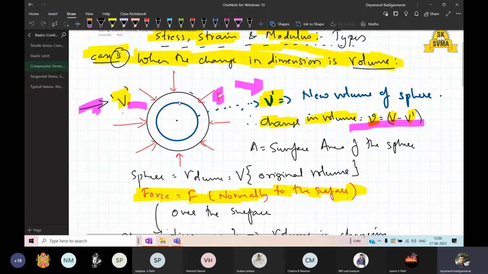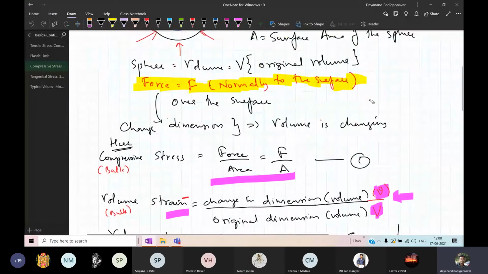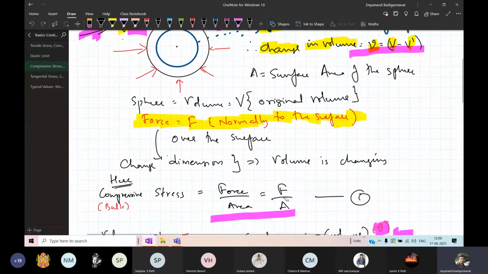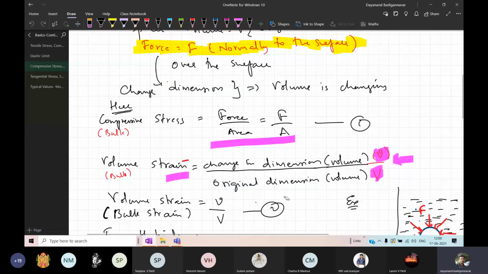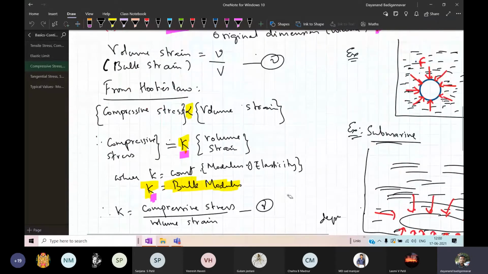Once the volume shrinks, we can define the volume strain as the ratio of change in volume to the original volume. So change in volume is small v, original volume is capital V, and the stress I can define as force per unit area. This force per unit area is given by pressure. So therefore I can write the compressive stress or the volume stress as proportional to volume strain.